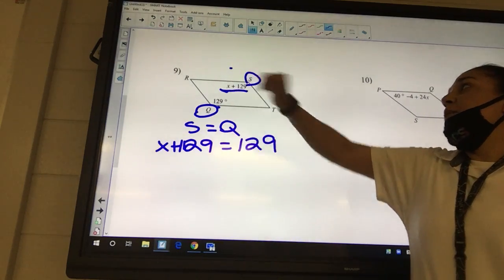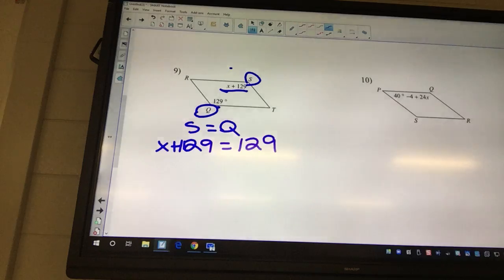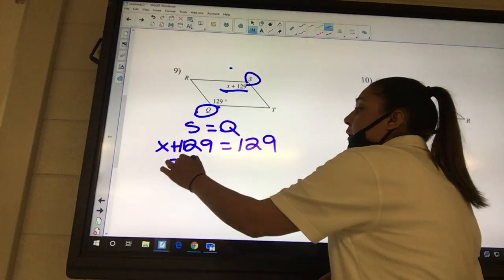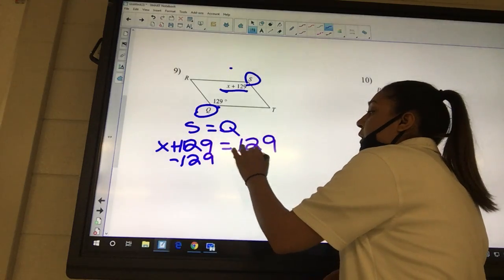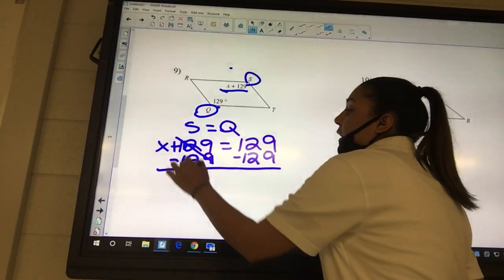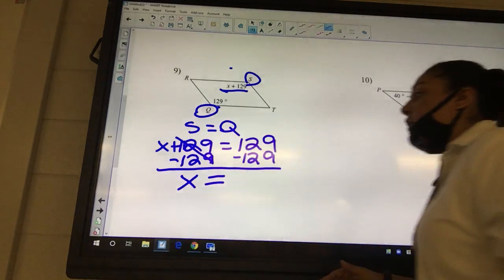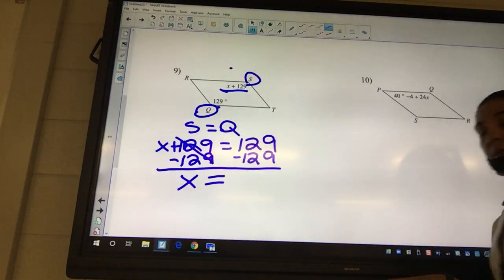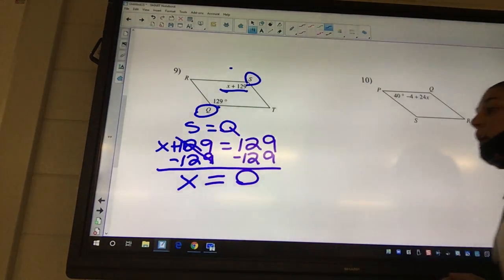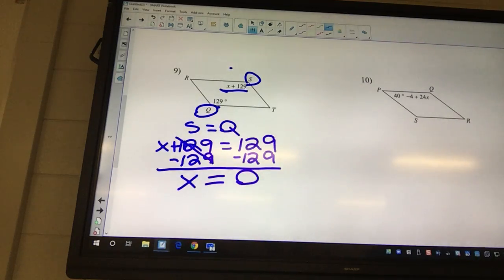So if this says x plus 129, what is x really? 0. You can still run through and solve: minus 129 on both sides. On the left side we have x equals 129 minus 129, which is 0. But some of them are kind of obvious. If you can definitely see one number, then you know what the other one should be. Do we have to do all that? No, you don't need to, because this one was kind of obvious.